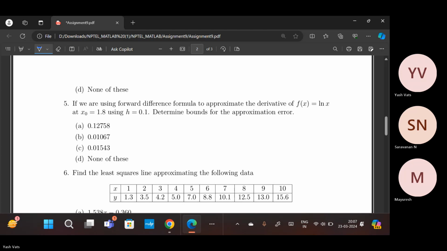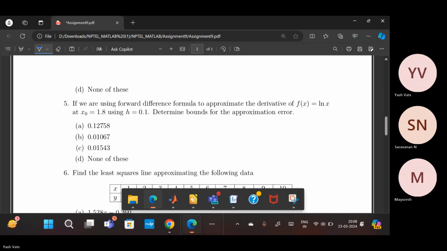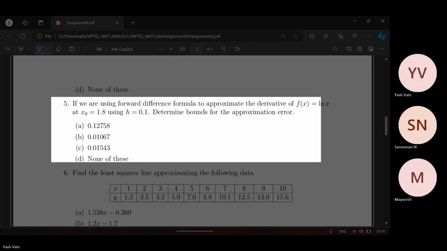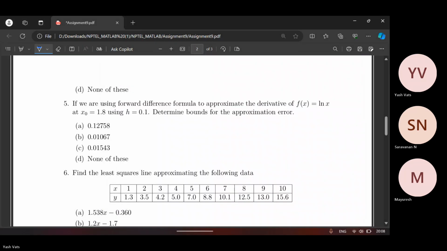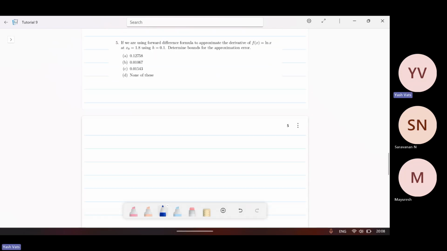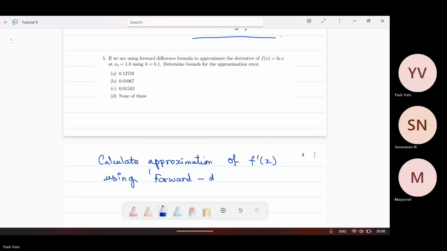If f(x) is ln x, now your job is to calculate the approximation of f prime x using the forward difference.